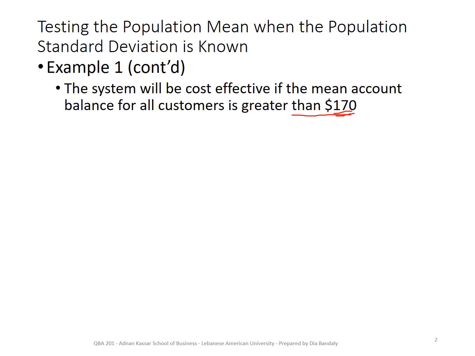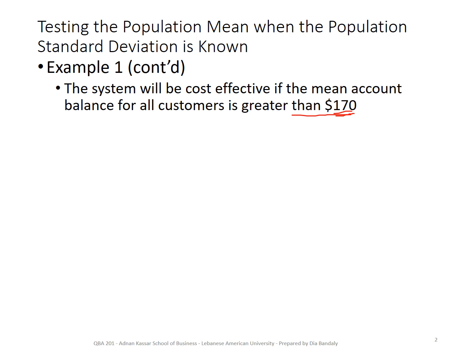Look, in this case, it's very clear for us. This system will be cost effective only if the mean account is greater than 170. So it's not really hard here to find that mu naught, right? That we talked about before.